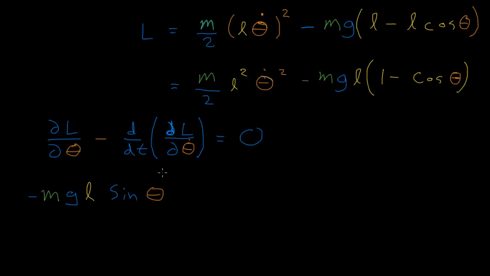Now we can move on to the other term. Let's first do the partial derivative with respect to theta dot of L. For the same reason, we can disregard this. We're only concerned with the time derivative as it appears in L. So when we take the derivative of just this term, we get m over 2, or I'll just write ml squared over 2.